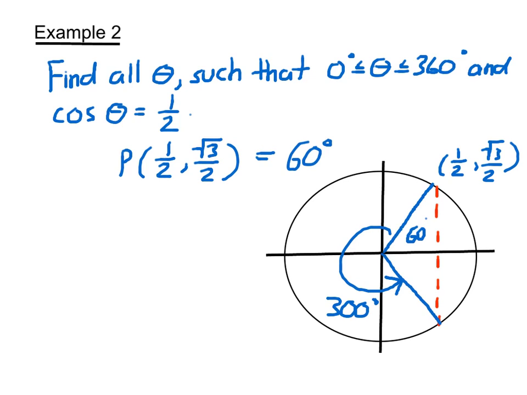Therefore, that's my second and only other answer to this problem, 300 degrees. So 60 and 300 degrees both have cosines of 1/2 because they're the only ones who have coordinates with a positive 1/2 x-coordinate. And just to be thorough, the y-coordinate for 300 degrees is negative square root 3 over 2.